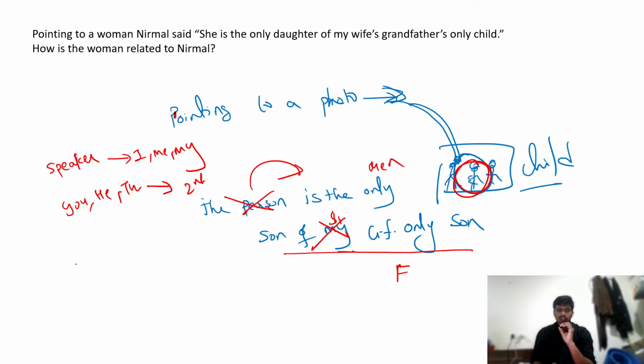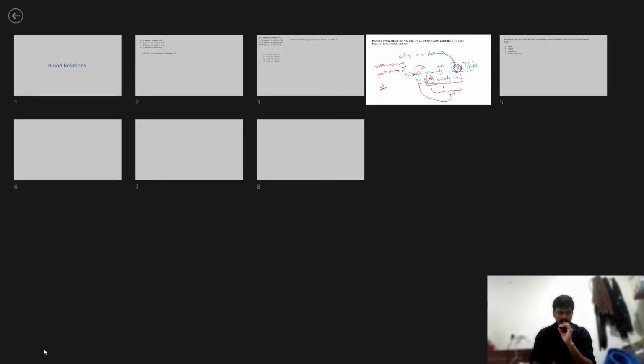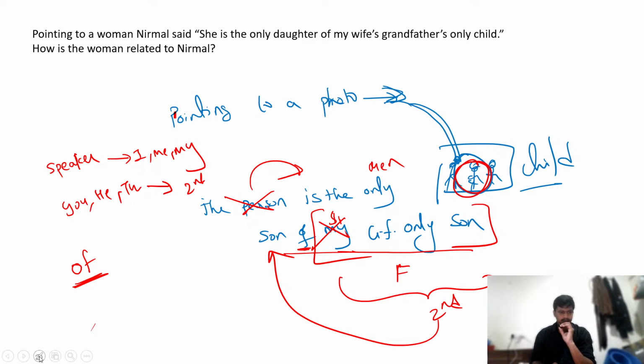Next step, try to identify where you have the word of. See, here you have of. Once you have identified of, try to solve the second part first, then link it with the first part. I will erase the extra parts, then you will get a better idea. Try to identify the speaker and whom he is talking about.